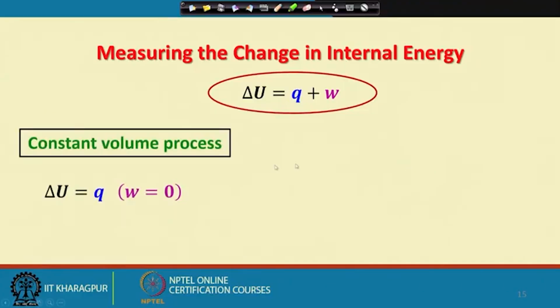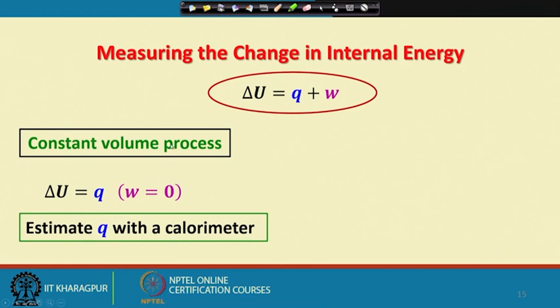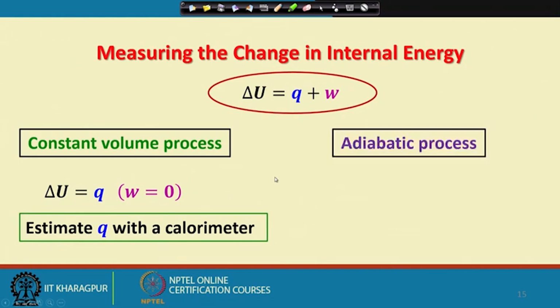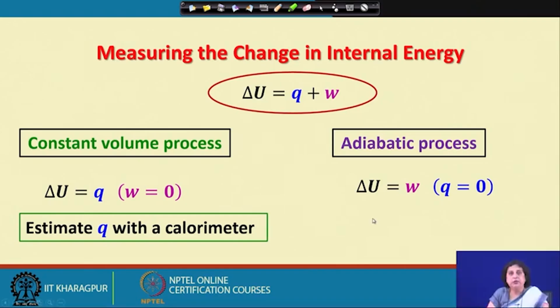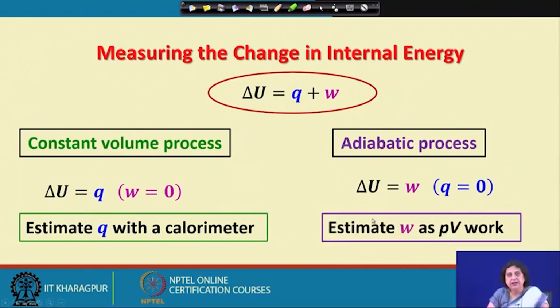This we can do in either a constant volume process where delta U is estimated as q, and typically a calorimeter is used to estimate q, or you can have an adiabatic process where delta U is measured in terms of the amount of work done during the process, and if it is PV work, once again it can be measured.